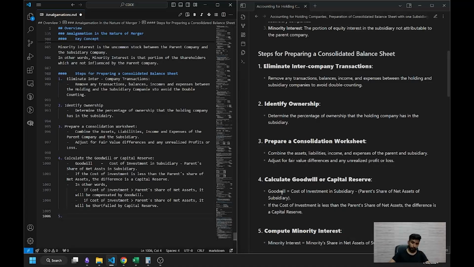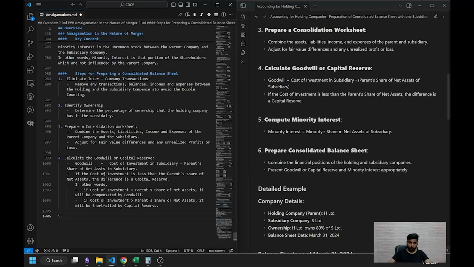After that, we compute the minority interest. Minority interest is equal to the minorities' share in the net assets of the subsidiary.